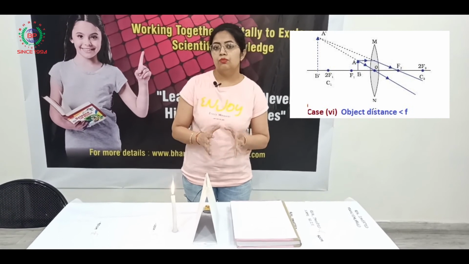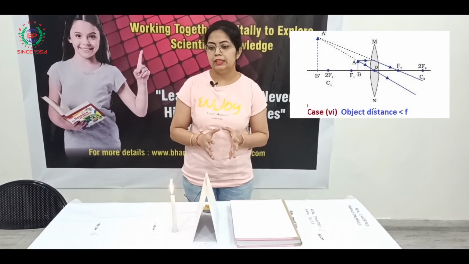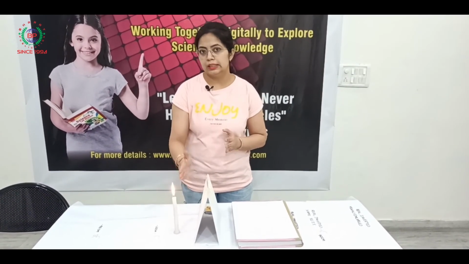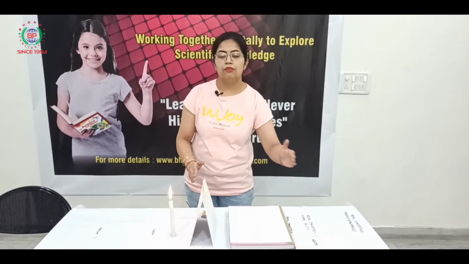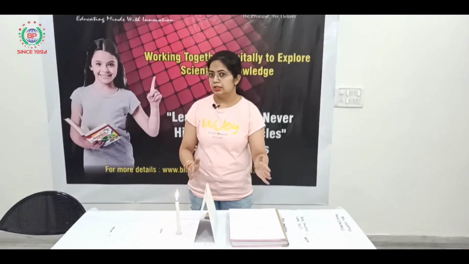It means what we have learned from this activity is that if we change the position of the object, then the position of the image also changes. If we take the object from infinity towards the optical center, then our image goes away from the optical center on the other side.